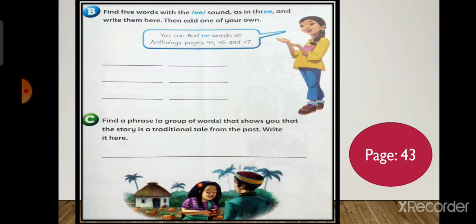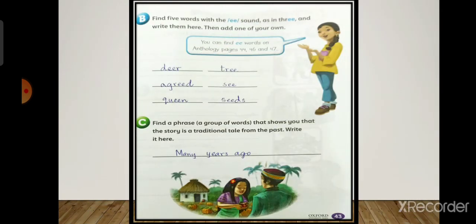Many years ago tells us that it is a traditional tale from the past. Then how will you write it? Look at this page. You will write in this way, many years ago. Have you done? That's great.